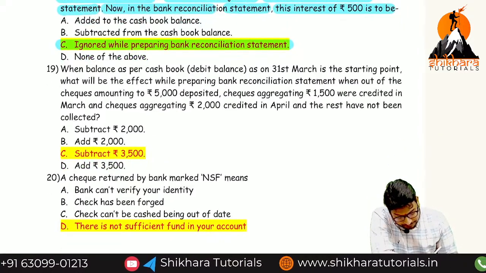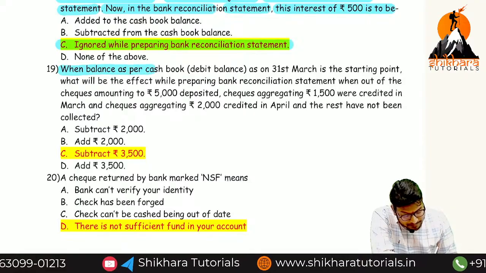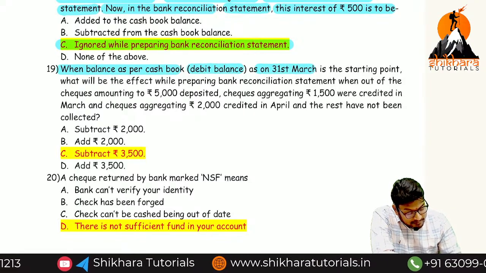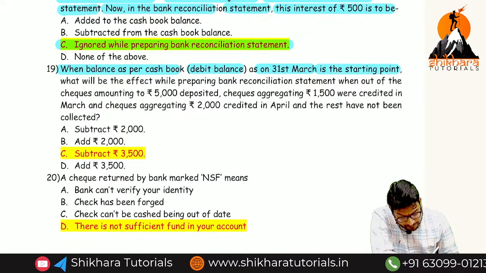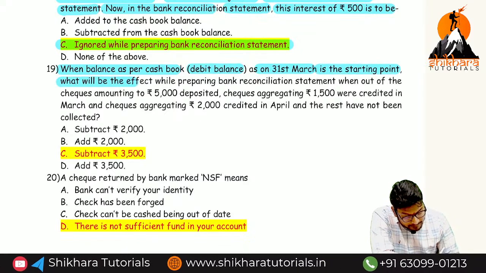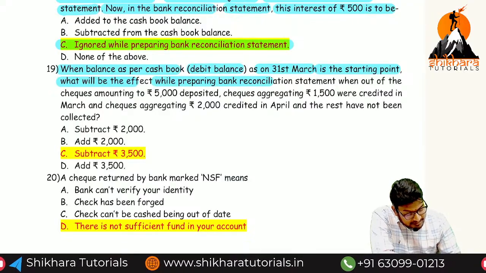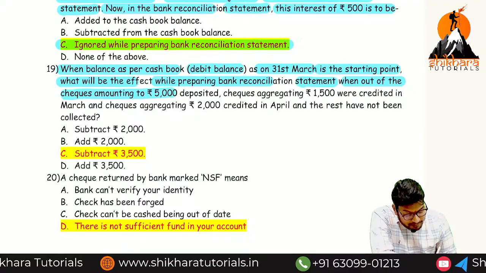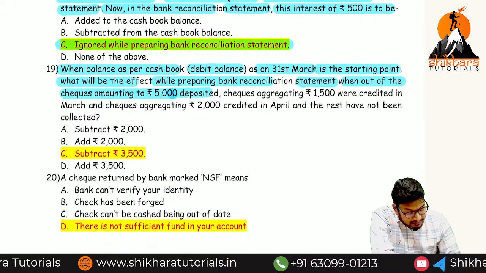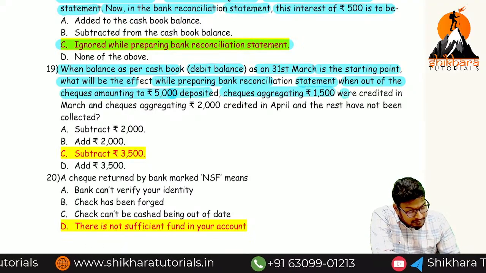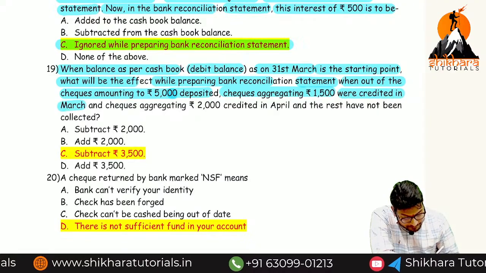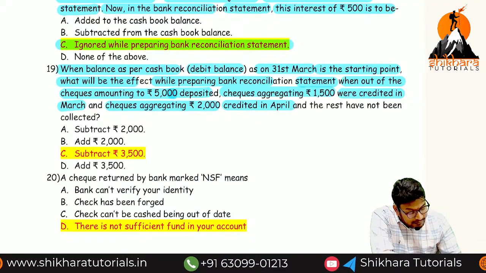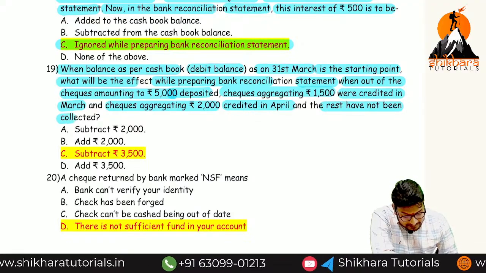Next one now. When the balance as per cash book, which is a debit balance on 31st March, is the starting point, what will be the effect while preparing the bank reconciliation statement when out of cheques amounting to how much, 5,000 deposited, cheques aggregating 1,500 were credited in March, and cheques aggregating 2,000 credited in April, and the rest have not been collected.